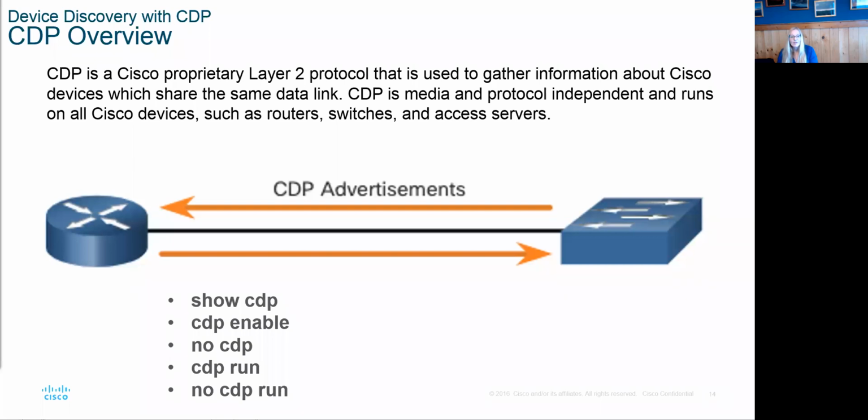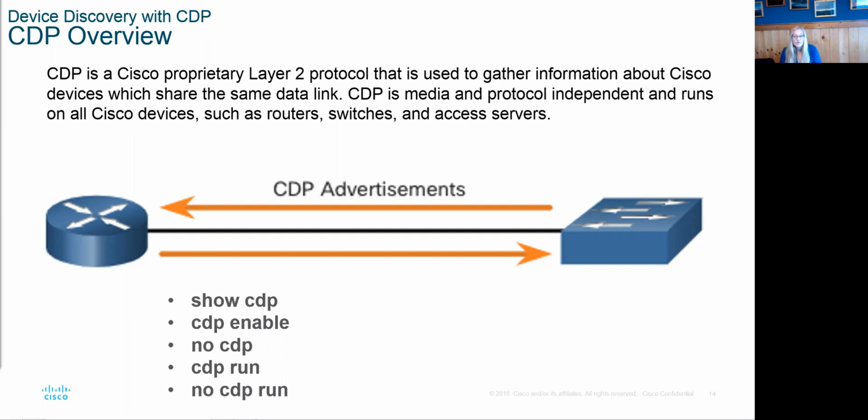The device is basically going to send periodic advertisements to connected devices. It is Cisco proprietary. The advertisements share information about the type of the device that's discovered, the name of the device, and the number and types of interfaces. For Cisco devices, it is enabled by default.